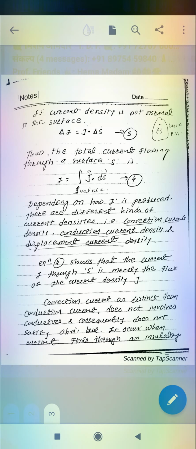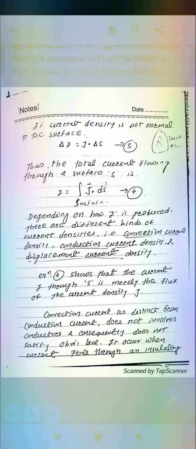Then what is meant by convection current? Convection current is different from conduction current because it does not satisfy Ohm's law, and it occurs when current flows through an insulating medium such as liquid, gas or vacuum.